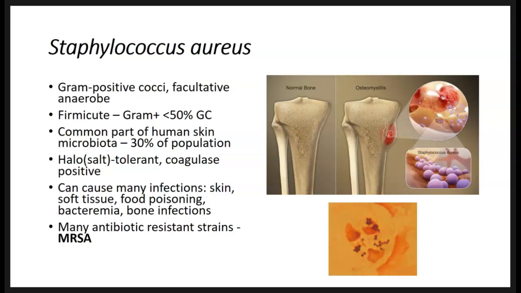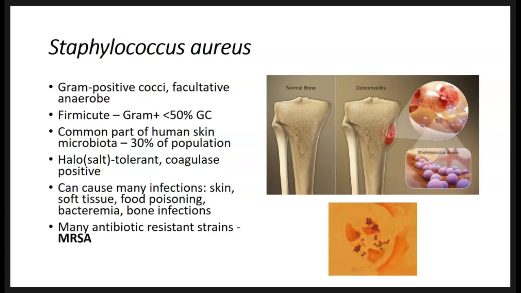There are a number of phenotypic characteristics, including being salt tolerant or halotolerant. It produces an enzyme called coagulase, which allows it to protect itself inside of our bloodstream by coagulating human blood.